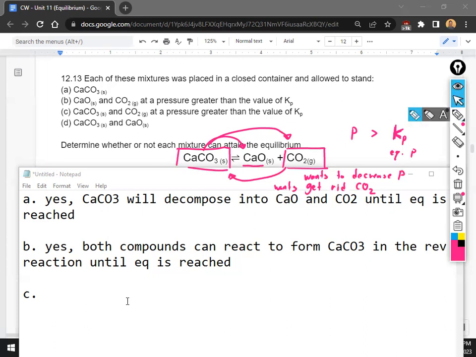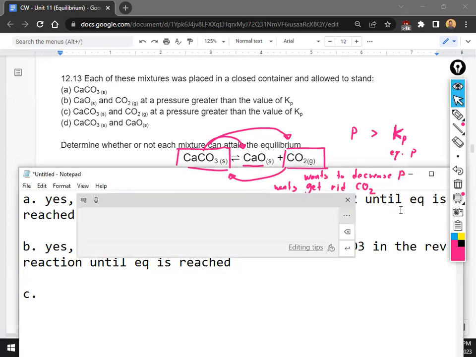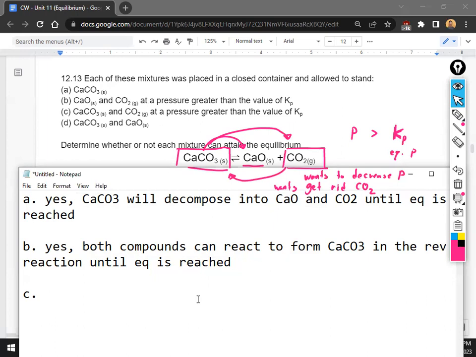And so basically nothing is going to happen in this system. So the answer will be no. And the reason why it's going to be no, if we want to say it very concisely, is because the system wants to decrease in pressure to reach Kp.